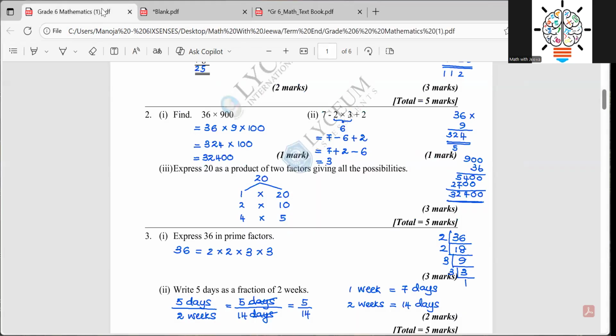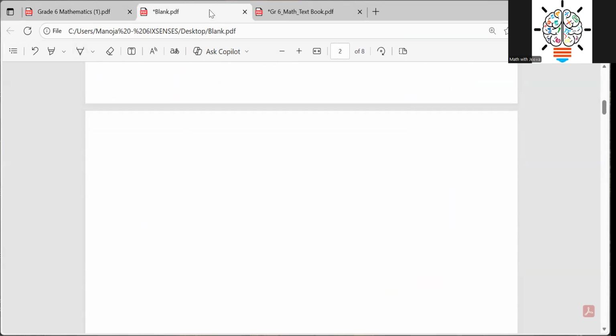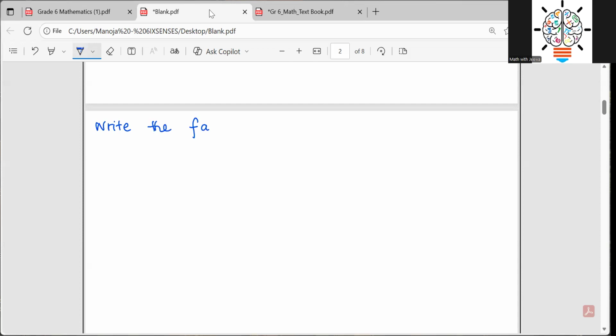So then you want to express 20 as a product of two factors. I will explain this. Here you get the answer in two different ways. First, they will ask, write the factors of 12, right? This is one question. If so, what you do, you first find the factors 1 times 12, 2 times 6, and 3 times 4.